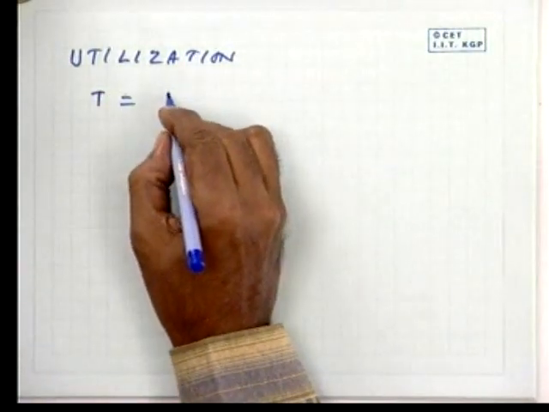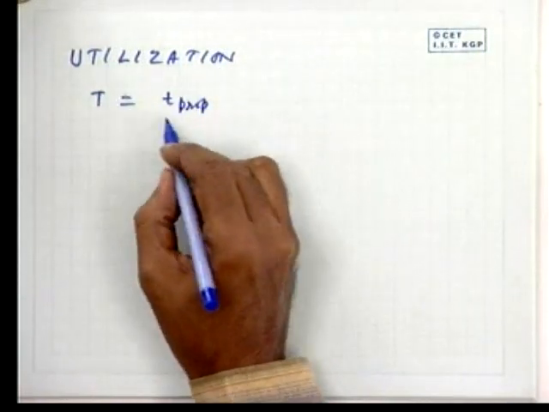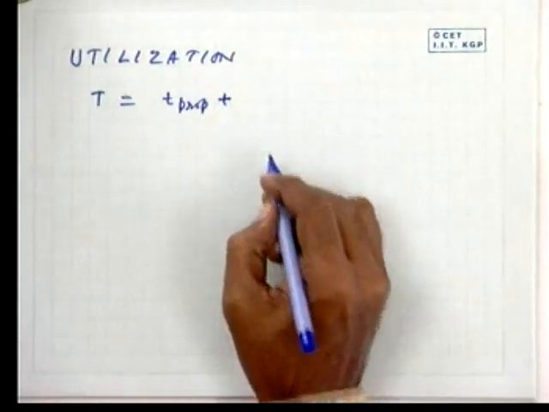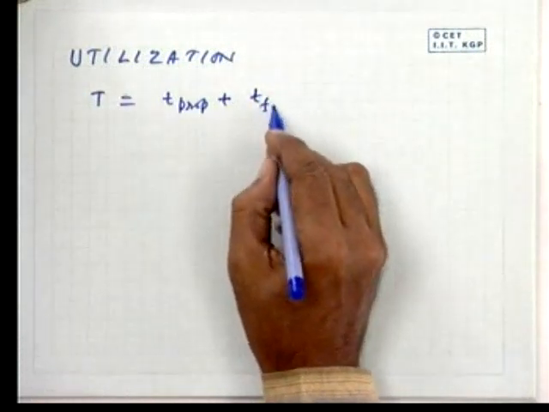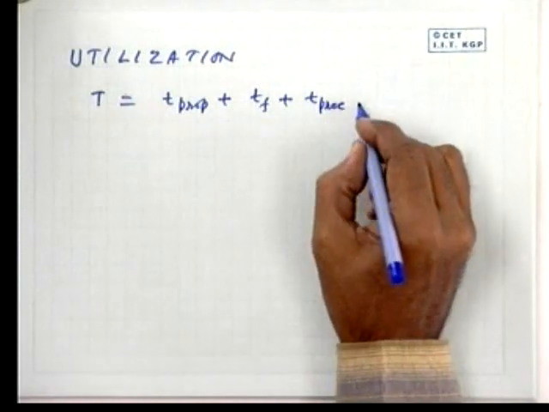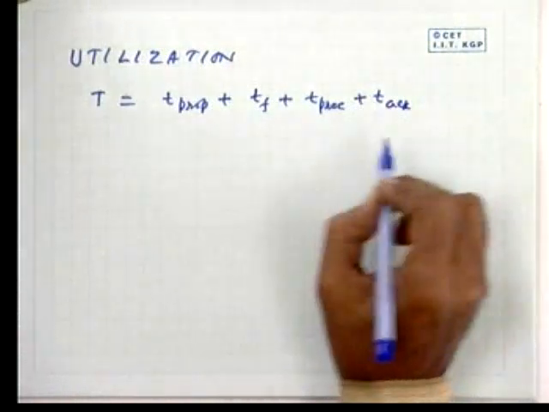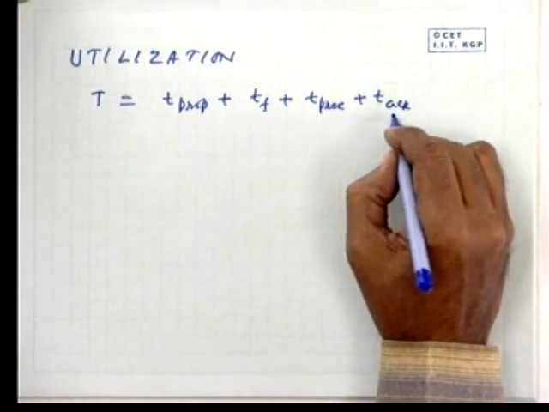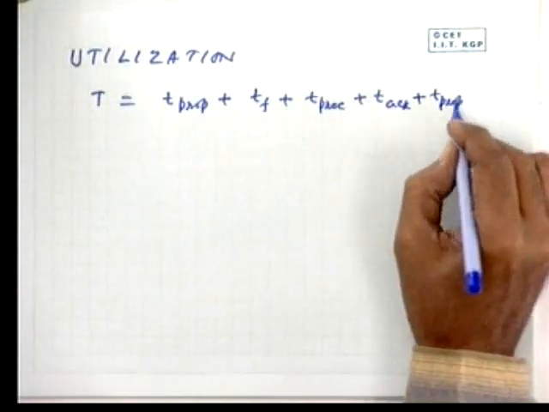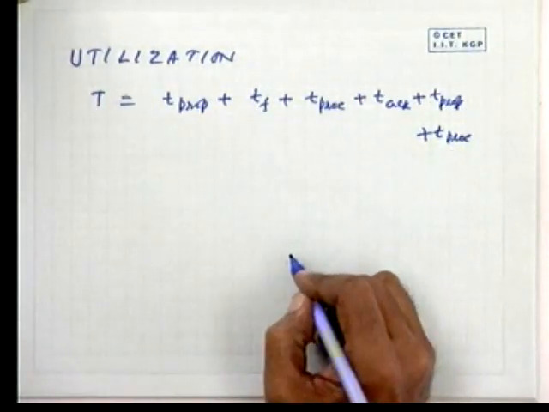T is equal to T propagation time, as we have already discussed in the context of error detection and error control, plus TF, that is the frame transmission time, plus T processing time, plus T acknowledgement, which is also the propagation time for sending the acknowledgement packet, plus T propagation, plus T another processing when the acknowledgement frame is received at the other end.